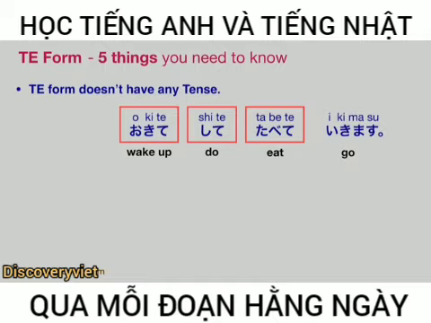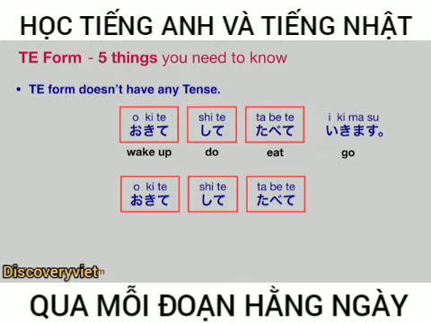Now, take a look at this second sentence. You have all the same te forms as in the first sentence, but the ending is different. Now you have the verb in the past tense, went, 行きました. Can you guess what these te forms mean in the second sentence? Right.